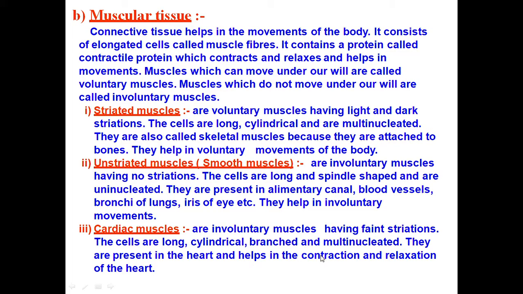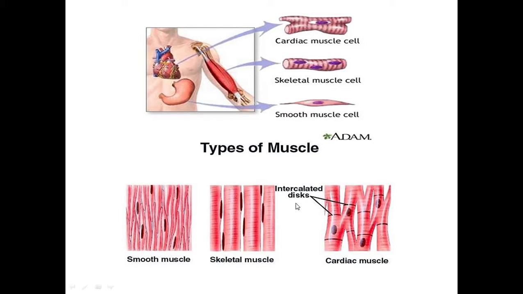You know, the heart keeps on working throughout our life without tiring, and it is these cardiac muscles present in the heart that help in continuous contraction and relaxation of the heart without tiring. You can see the diagram of cardiac muscles. They are of this shape and they are branched, and you can see the presence of nucleus also there.